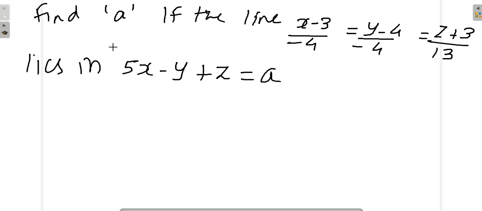Now what are the things we have here? We have a normal, so we have to find a point on the plane, and if we substitute the point on the plane in this, we will be able to get the value of a. Now please note that as the line entirely lies in the plane, the point 3, 4, minus 3 also lies in the plane, because that is a point on the line.